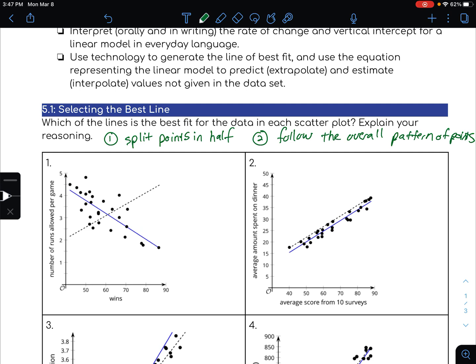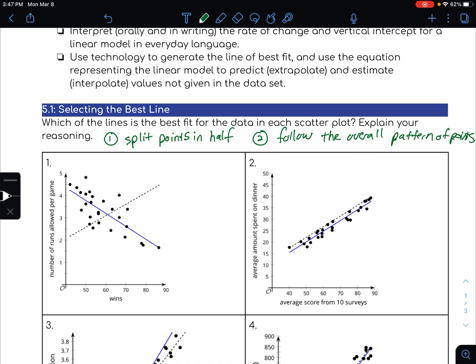So when we're looking at problem number one here, which of those two lines seems to follow the pattern of points and also split the points in half, the blue line or the dotted line? Now, as I'm looking at them, both of them actually split the points in half, or approximately split the points in half. I guess I haven't counted them.